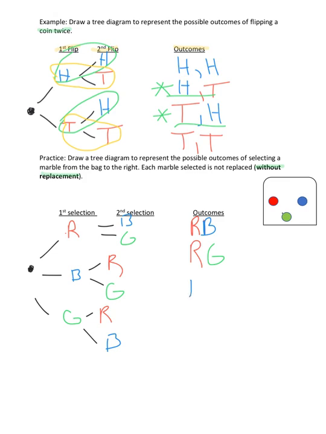If I select a blue marble first, I could select a red marble second. If I select a blue marble first, I also could select a green marble second. Last but not least, if I select a green marble first, I could select a red marble. I could also select a green marble first and then a blue marble second. So we have 6 possible outcomes listed.